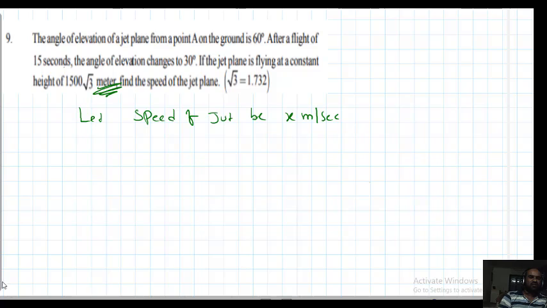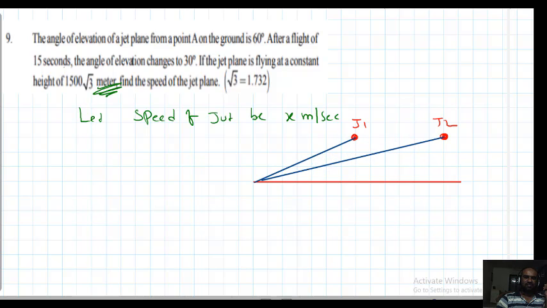First of all, I want to draw the diagram for this. This is the ground. Here is the jet, and after that this is the second position of the jet. I can say J1 and J2. What is given, I want to write. So this angle equals 60 degrees. After this it becomes 30 degrees. Students, listen. Join this. Draw a perpendicular from here.